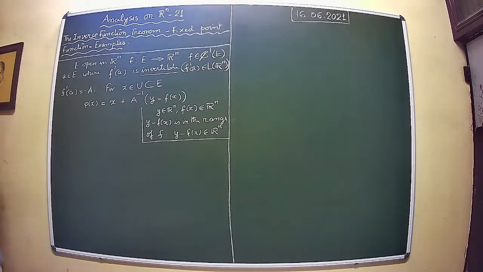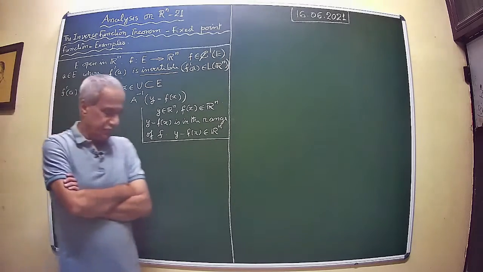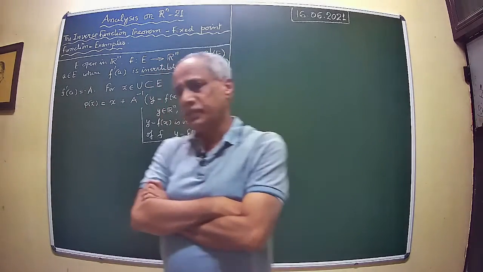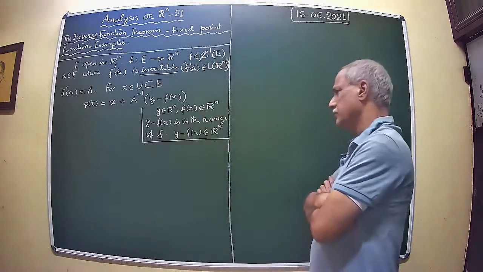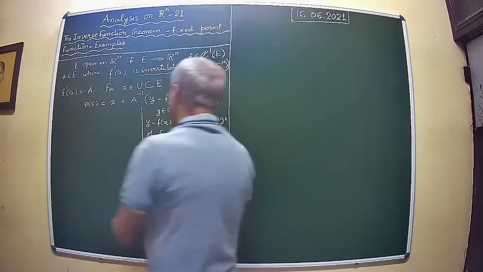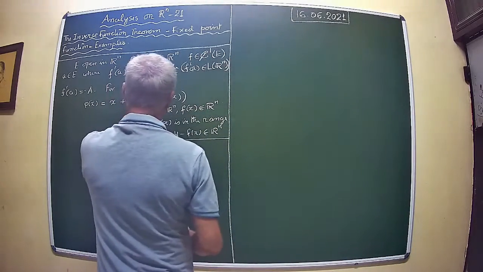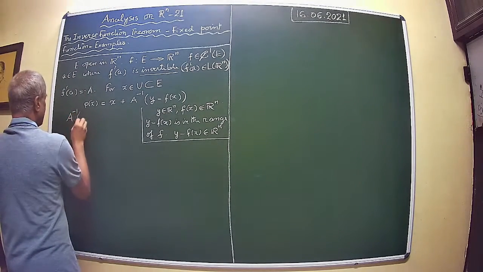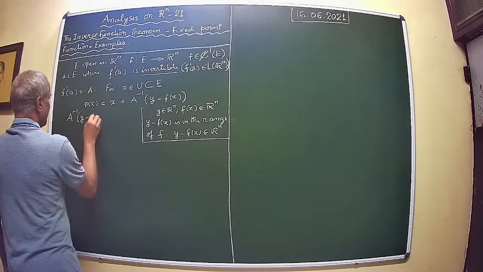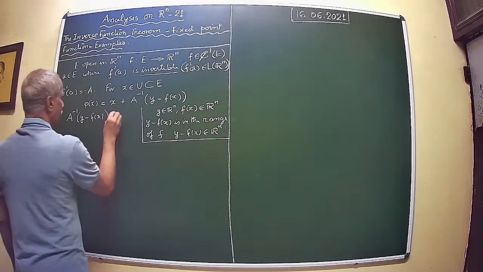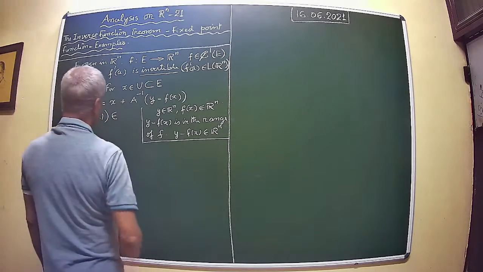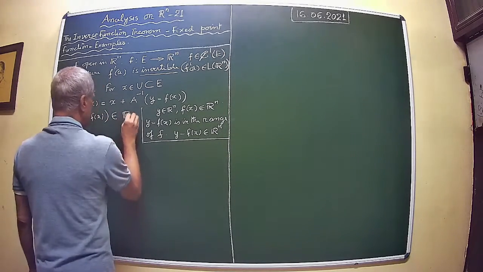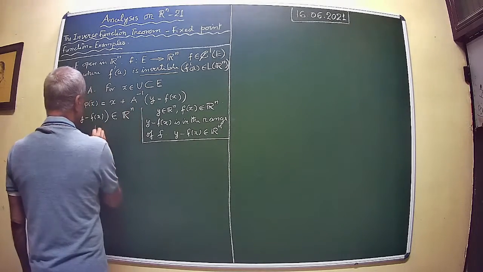So A inverse is a linear transformation from Rn to Rn. Therefore, A inverse of y minus f x belongs to Rn, the domain space.